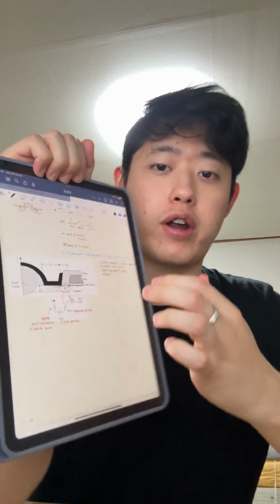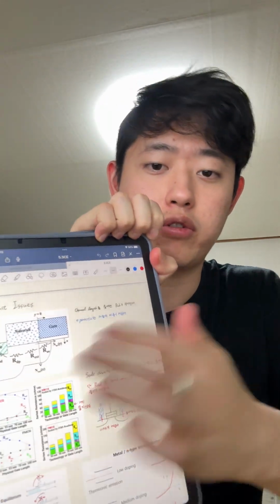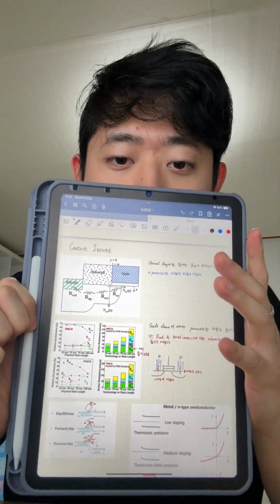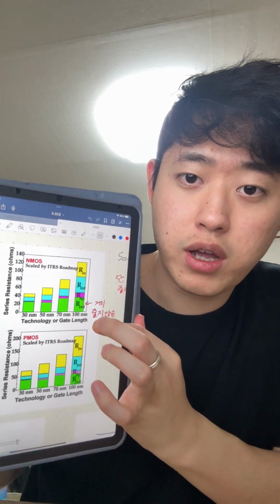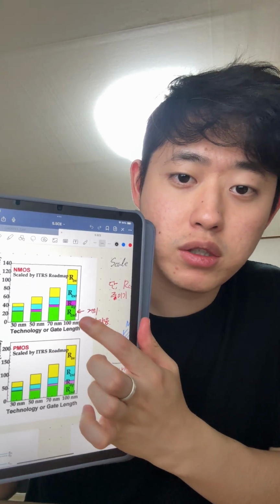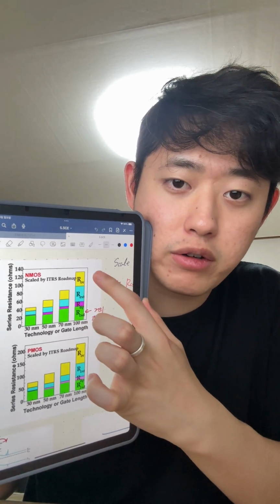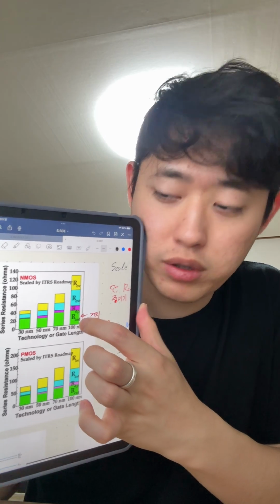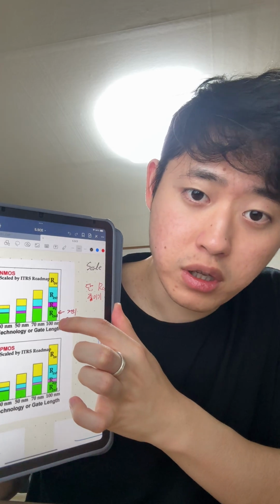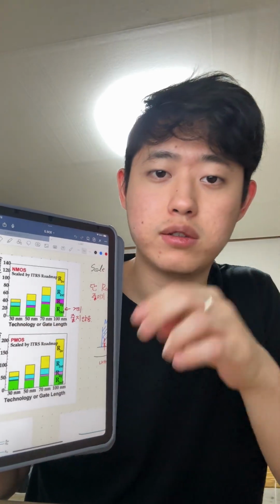So this is the graph of the parasitic resistance. This is the NMOS. Other parasitic resistances can go down, but contact resistance doesn't go lower.